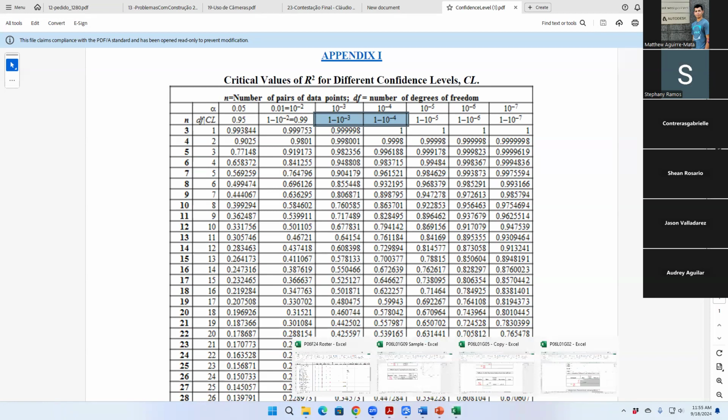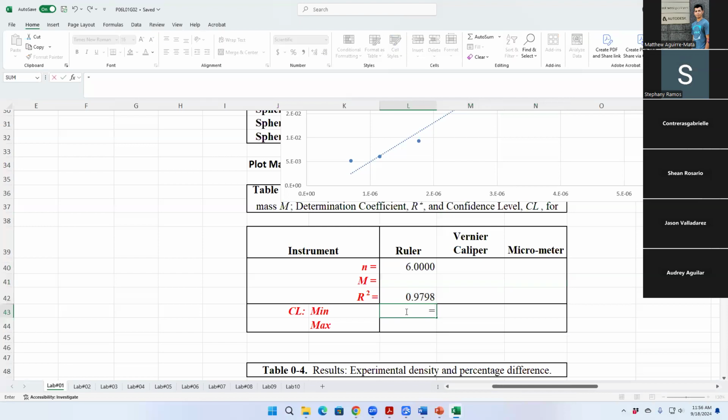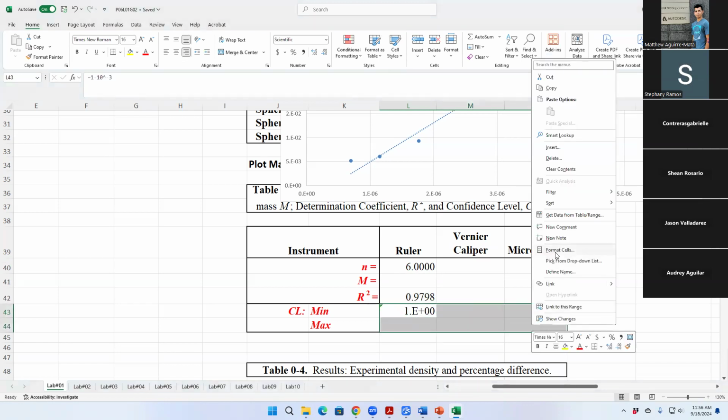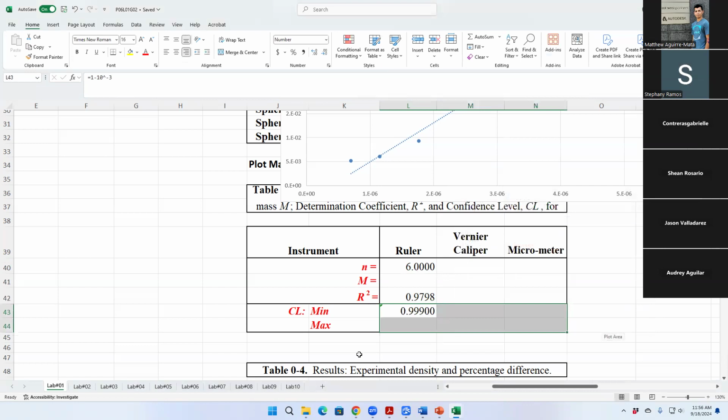Okay, so I'm gonna type there 1 minus 10 to minus 3. Here you go. And the way you do it is like that. Equal 1 minus 10 to minus 3. Okay? And then let me just turn it into a numeric format, very important. Put like 5 decimal places, right?